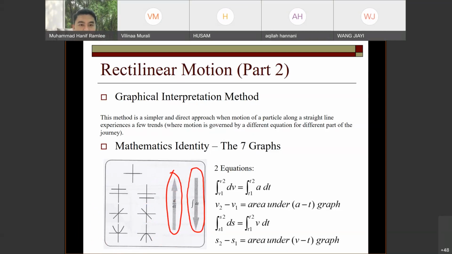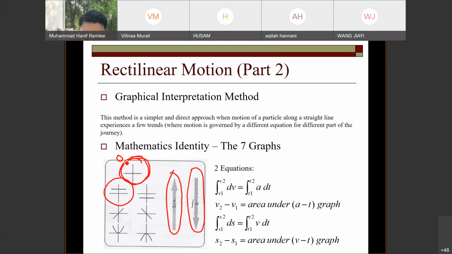Differentiation is coming from the bottom to the top, and integration is coming from the top to the bottom. So basically you have to memorize this. We have the linear one, the 0, 0, the 0, 1. Normally I remember it like this.